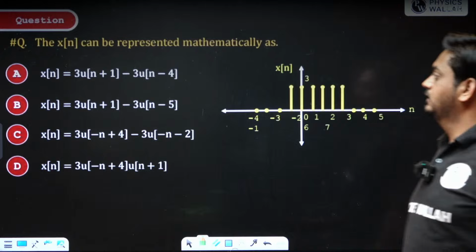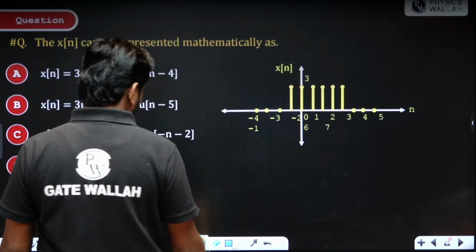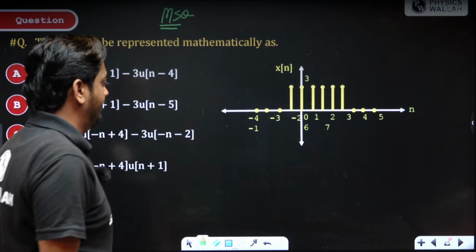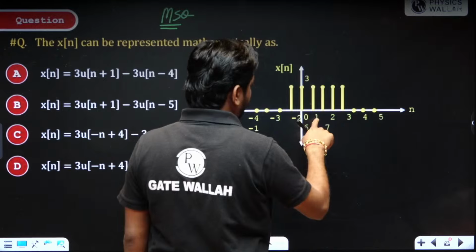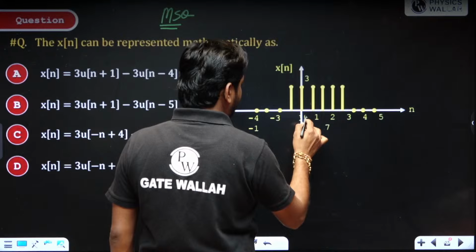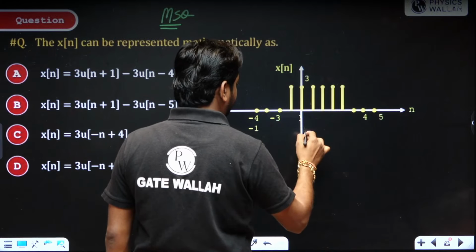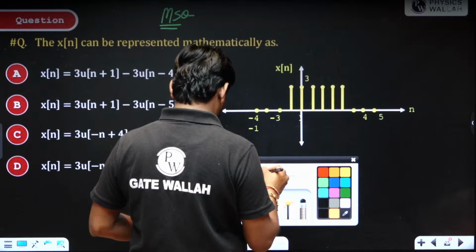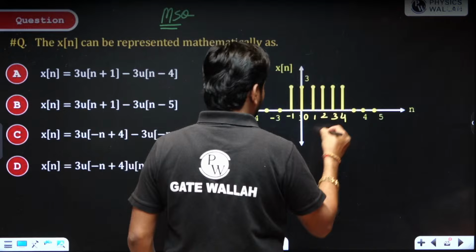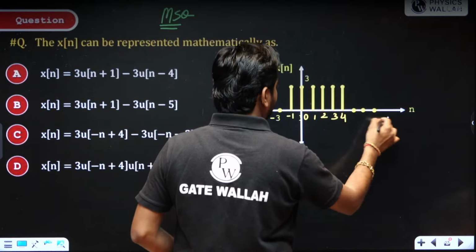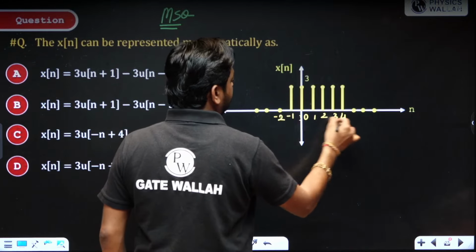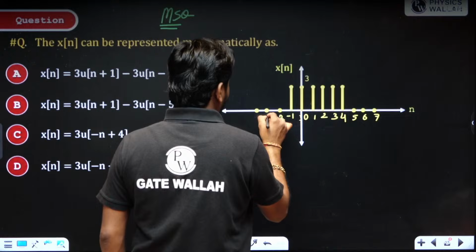Is this clear? Now see, x of n can be represented mathematically as shown, so this is also an MSQ type question. The sequence is minus 2, 0, 1, 2, 3, then minus 1, 0, 1, 2, 3, 4, then minus 2, 5, 6, 7, minus 3.